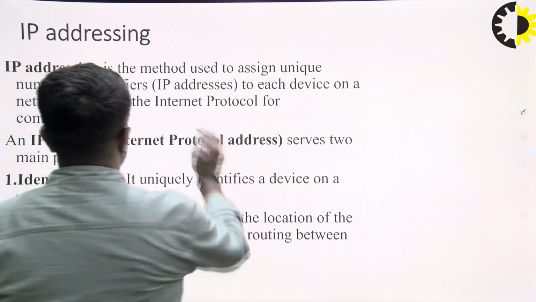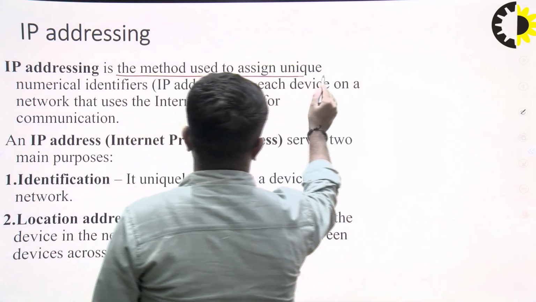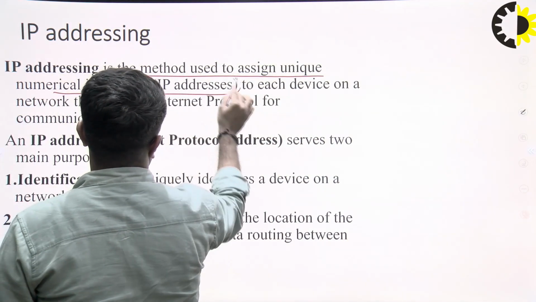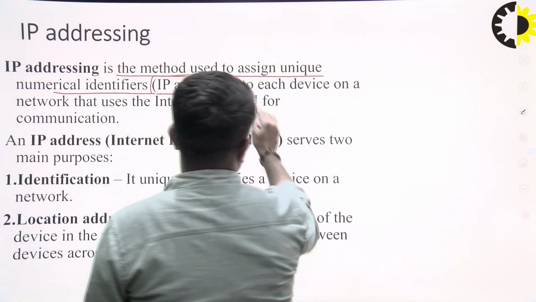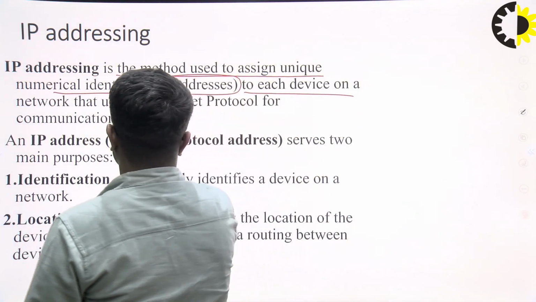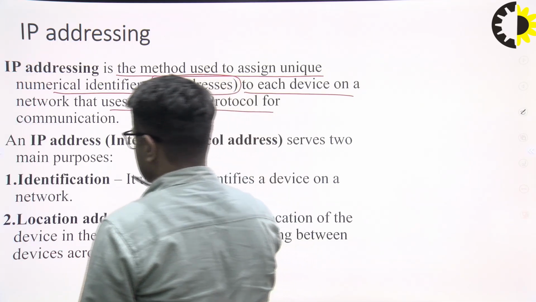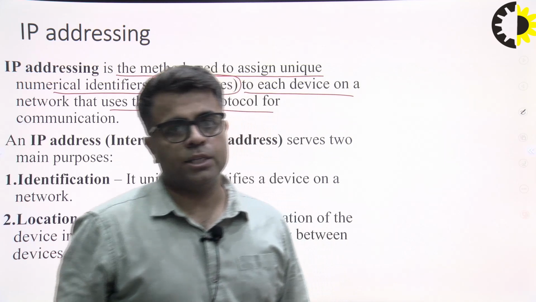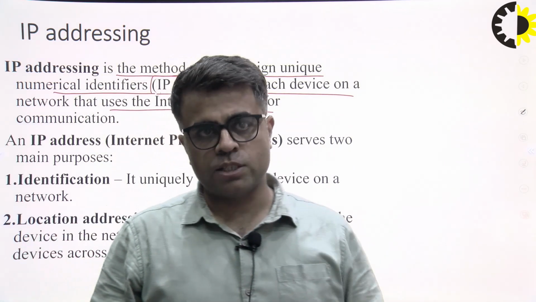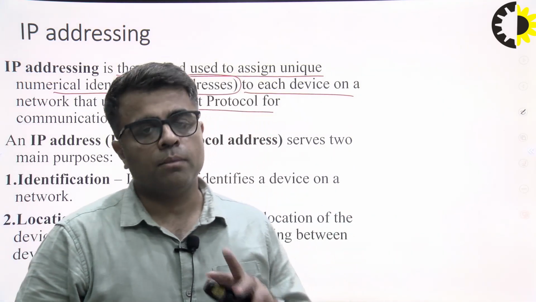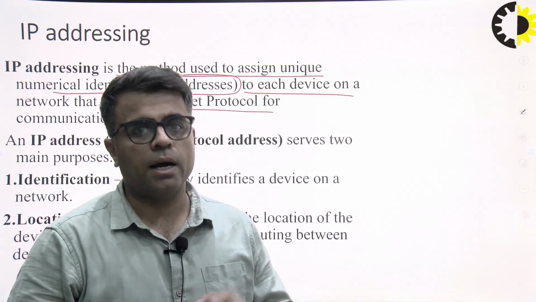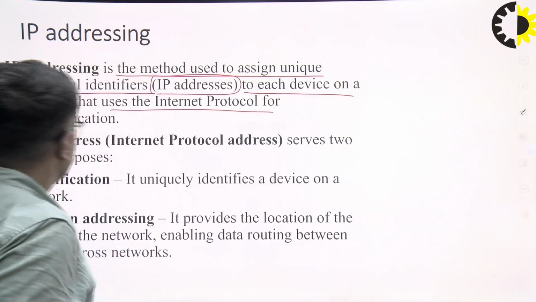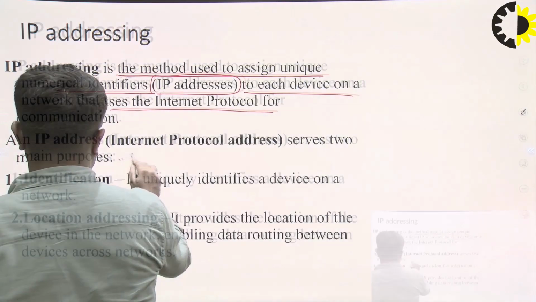So this is the method used to assign a unique numerical identifier, which is termed as IP address, to each device on a network that uses the internet protocol for communication. That means any two devices communicating with each other over an internet connection must have a unique IP address. An IP address serves two main purposes.